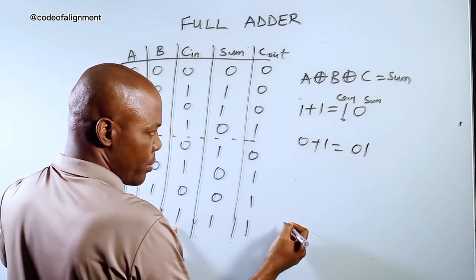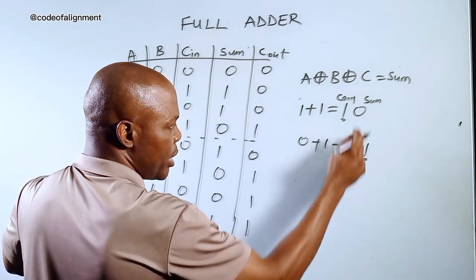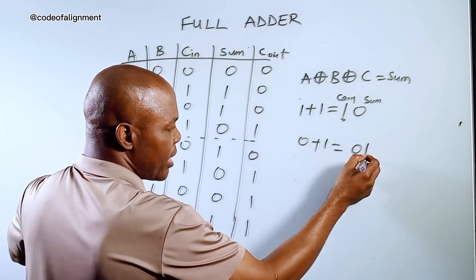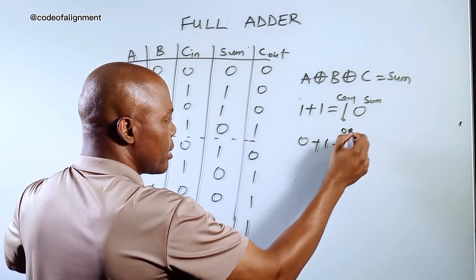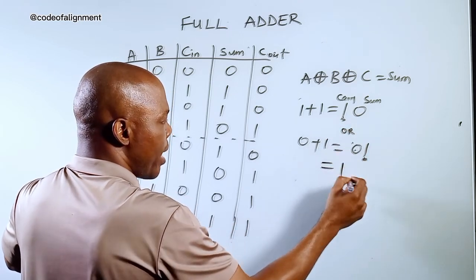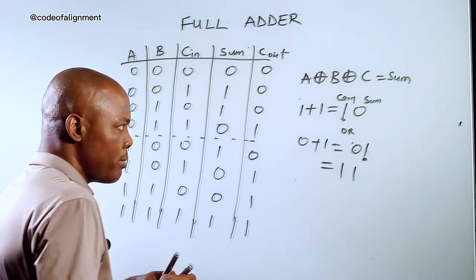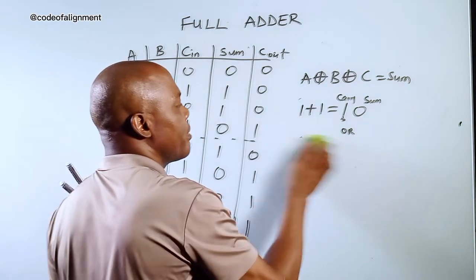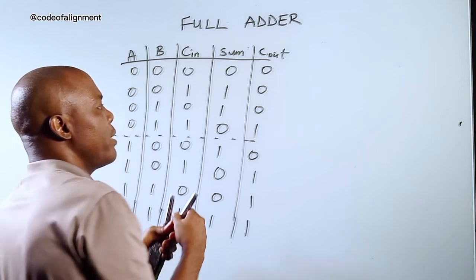So carry is 0, right? So this is the final sum, meaning you took this sum and you gave it as an input. And then you have another carry. So this carry and this carry, you OR it, so that will give you 1, which is what? 1, 1.